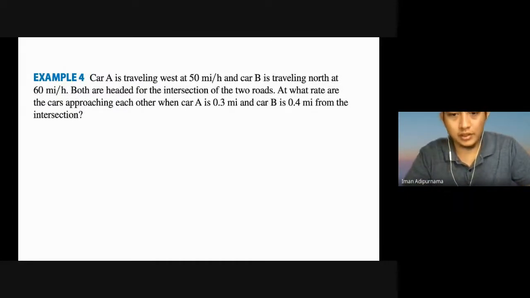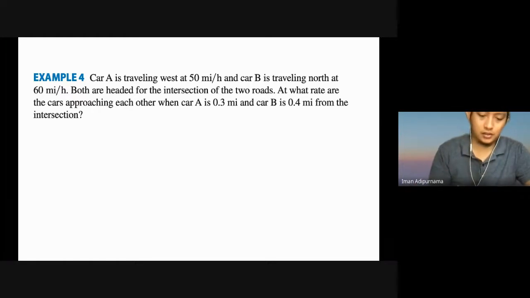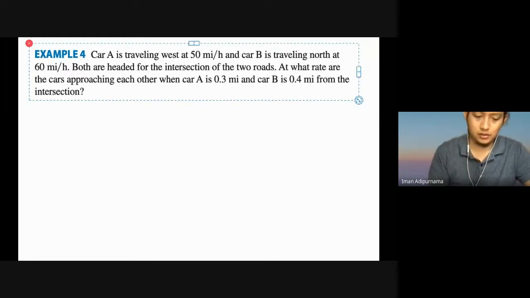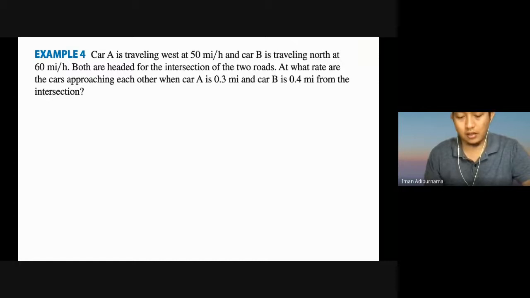Example 4. This is the question about you have a car traveling west. Let me draw a car.